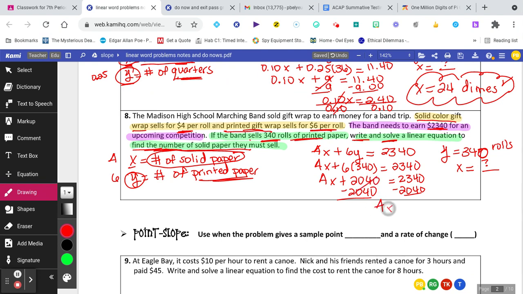So you have 4X equals 300. Divide both sides by 4. And we end up with 75 rolls. So X equals 75. 75 rolls of what? Well, X is the number of solid color paper. Rolls of solid paper, guys.